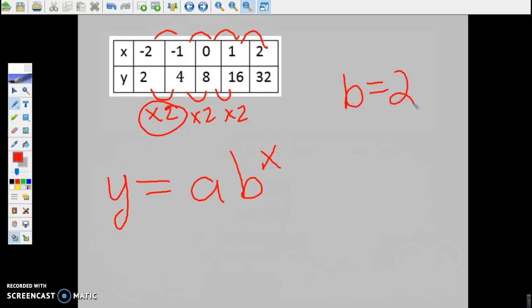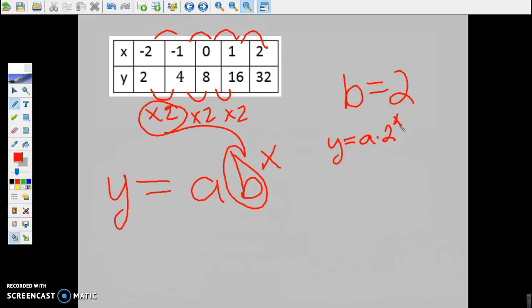Whatever your multiplier is, that's what your b value is. So we're going to substitute 2 in for b. Now we have y equals a times 2 to the x power.